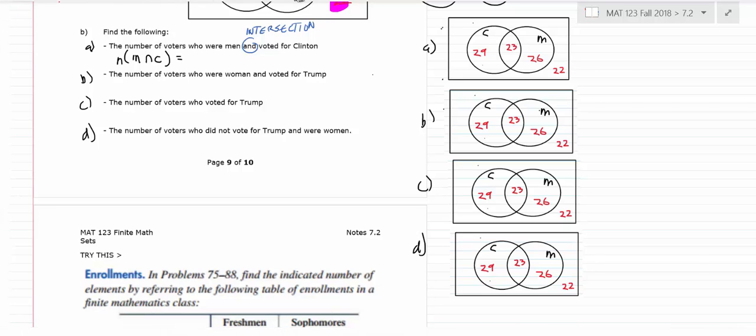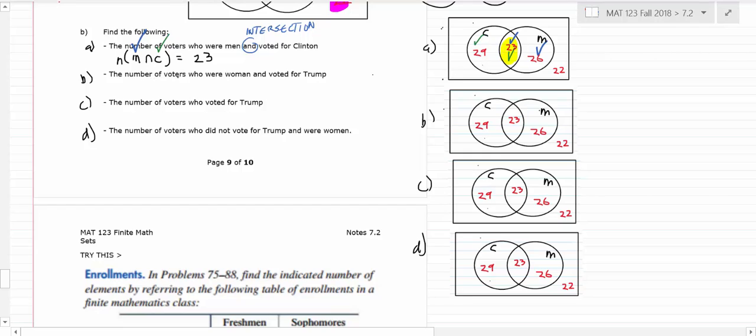On this one, I'm going to put a blue check mark by all the men, so the men would be right there. Then I'm going to put a green check mark by the Clinton people, which would be that and that. So that would be 23. There were 23 people who were men who also voted for Clinton. That's what that means in that Venn diagram.